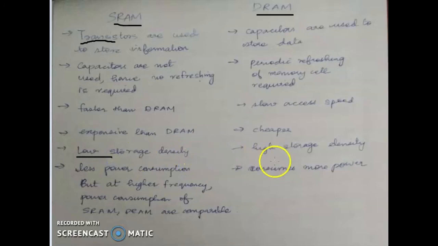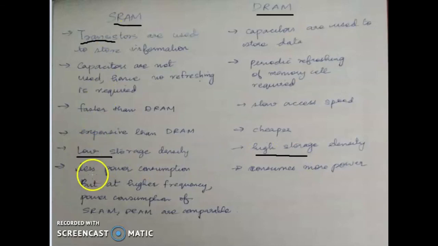But in the case of DRAM, the memory cell consists of a capacitor as the main storage device, which requires very little space on the silicon for manufacturing. So the size of the memory cell is small, and consequently it has high storage density.